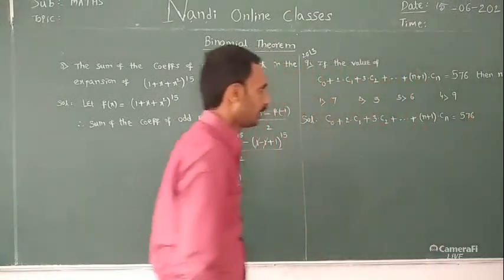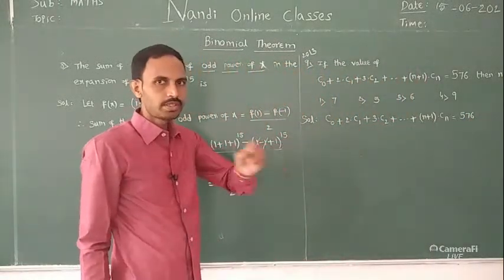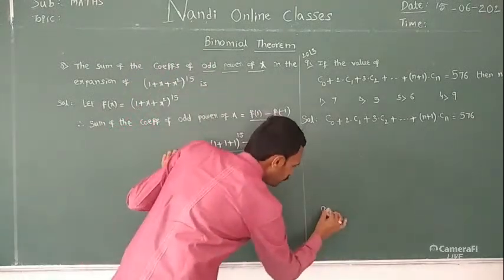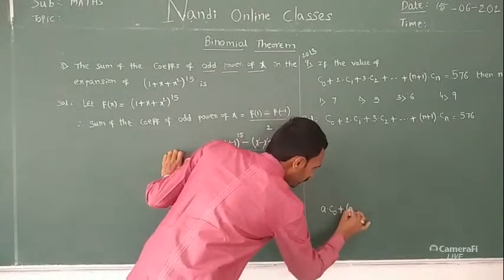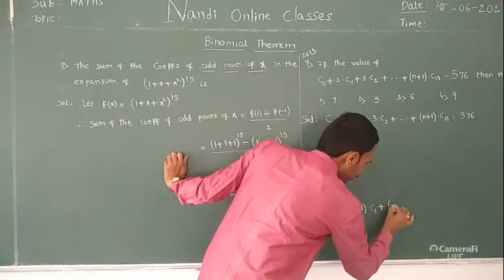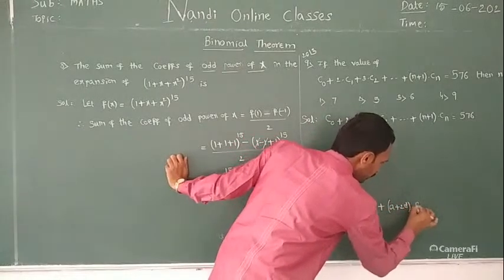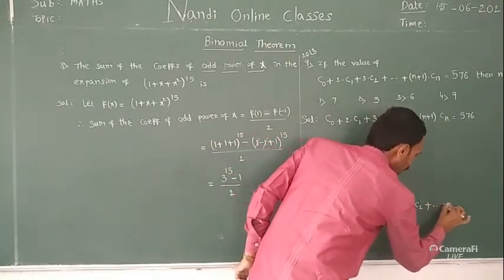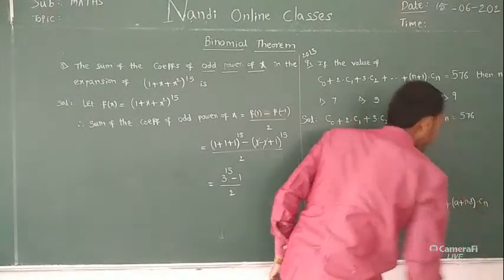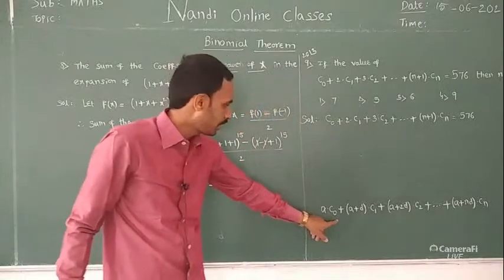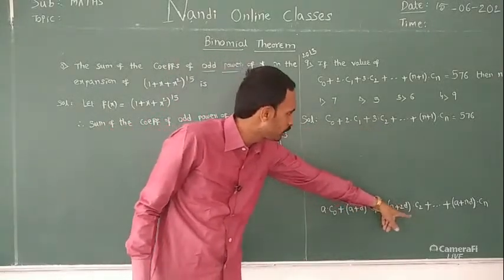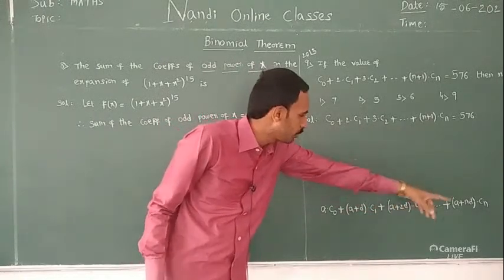It is in the form, one CET formula is there, A into C0 plus A plus D into C1 plus A plus 2D into C2 and so on plus A plus nD into Cn.